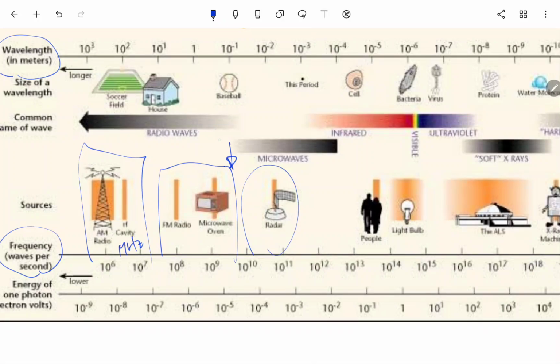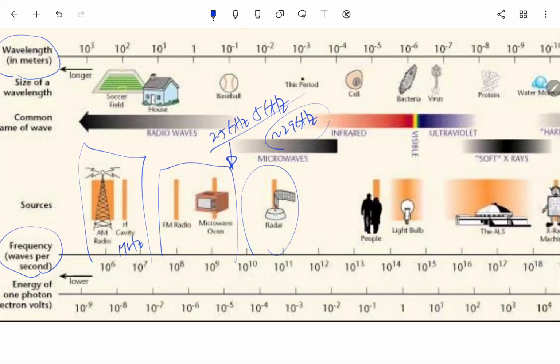For Wi-Fi, you can see 2.5 gigahertz and 5 gigahertz for the Wi-Fi signal. For 3G, 4G, maybe using hundreds of megahertz up to 2 or 3 gigahertz, and for 5G, it will use up to around 29 gigahertz.